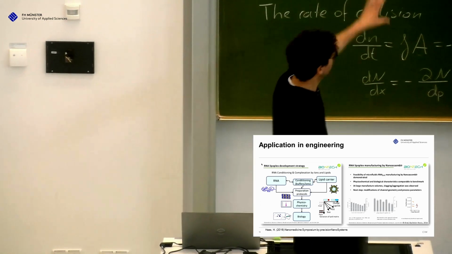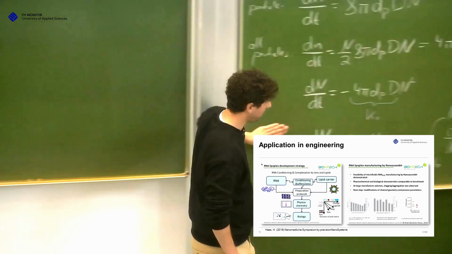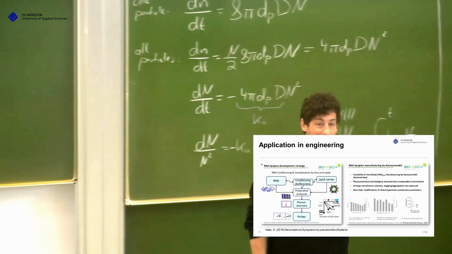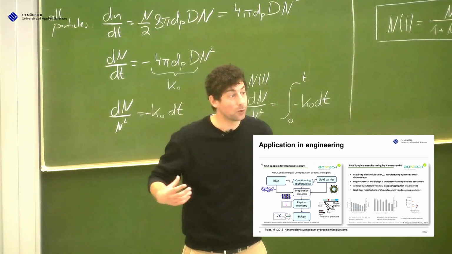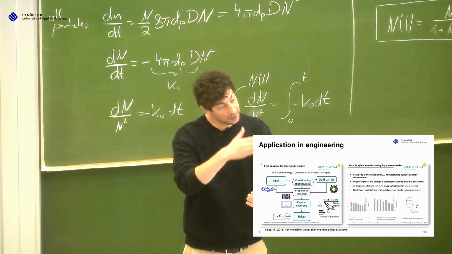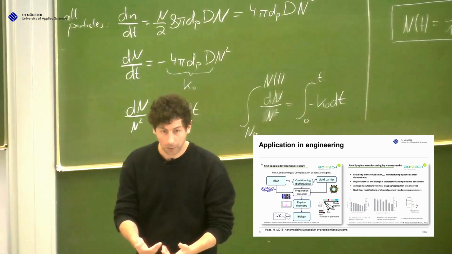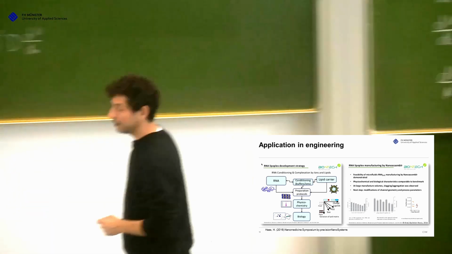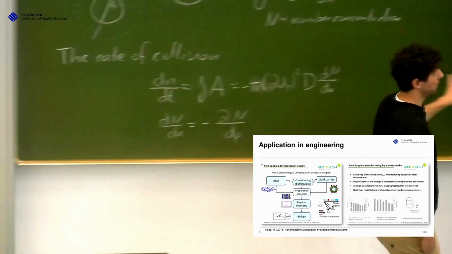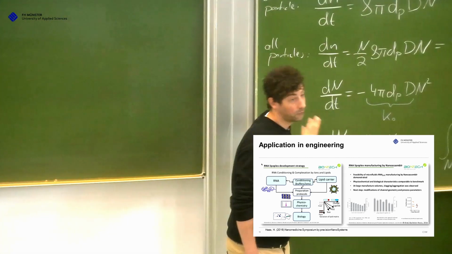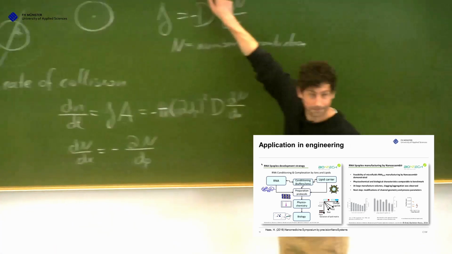So basically, what we have here is a problem in their system, because the lipid particles coagulate, the number decreases, but the size increases, and at one point you get clogging of your system, and you want to adjust everything so that you have control over this behavior. And for lipid nanoparticles, this is not a bad assumption.